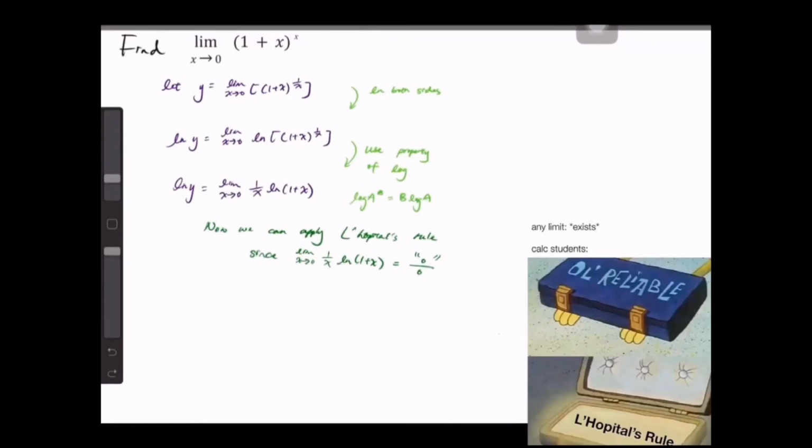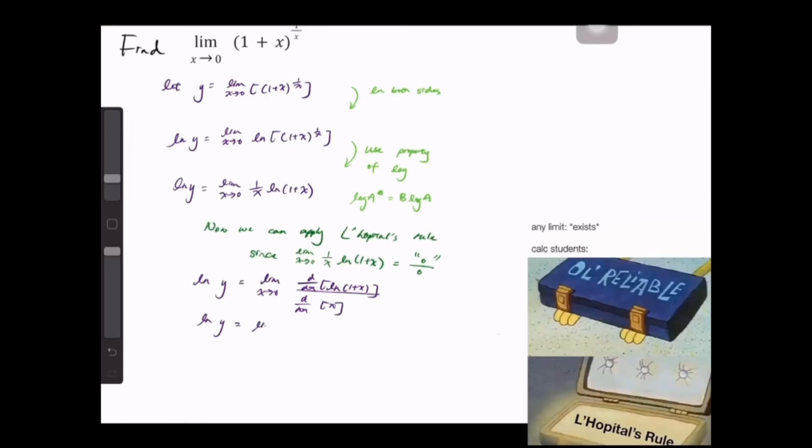So now we get the natural log of y equals the limit as x approaches 0 of the derivative of natural log of (1 plus x), which is the top, over the derivative of x, which is the bottom. So now we get natural log of y equals the limit as x approaches 0 of 1 over (1 plus x), over 1, which can be simplified to natural log of y equals 1 over 1 plus 0.